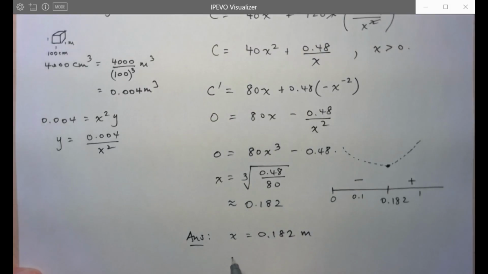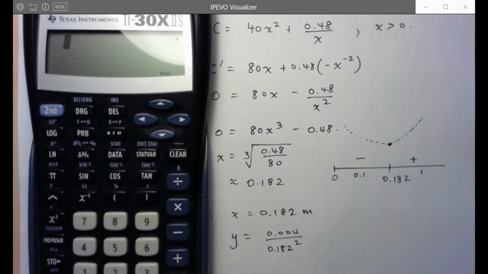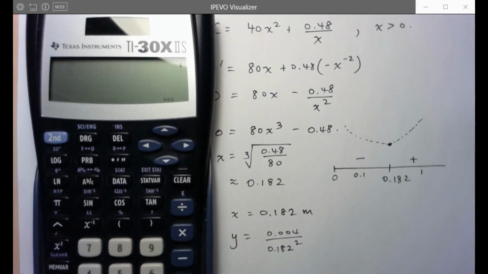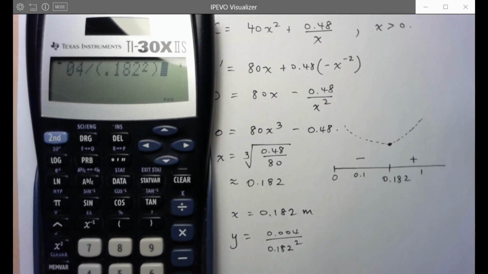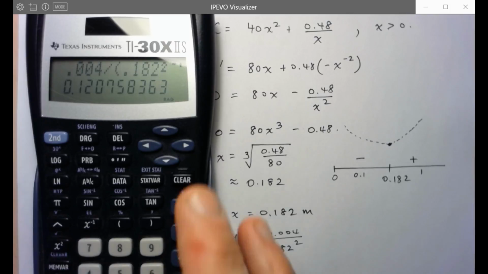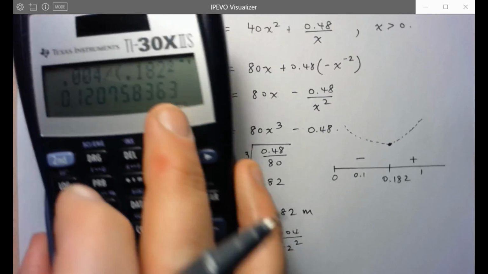And now for my y value, well, remember what we did is we solved for y, so that's just going to be 0.004 divided by 0.182 squared. All right, so let's put that in our calculator. So what do we have? 0.004 divided by 0.182 squared, and that's equal to 0.12, or 0.121, I suppose.